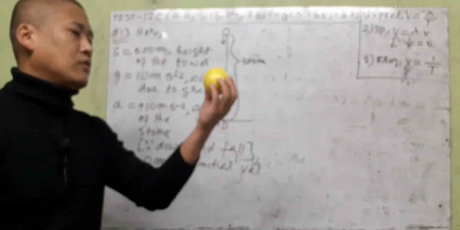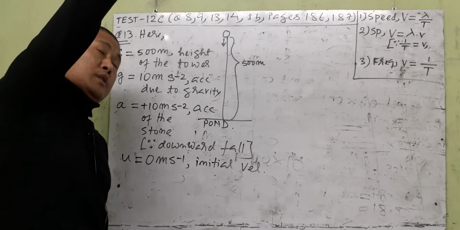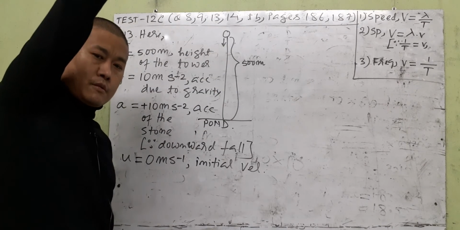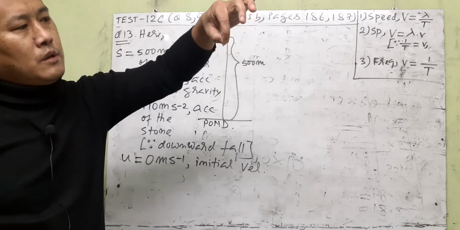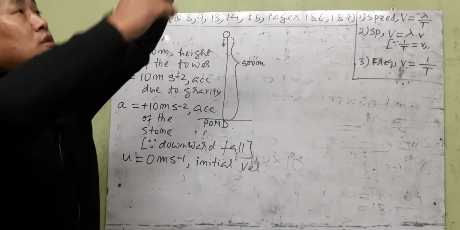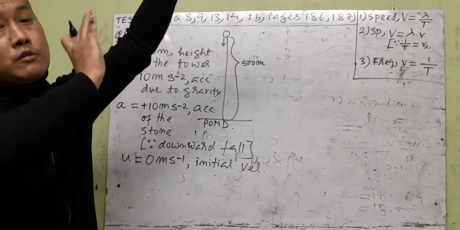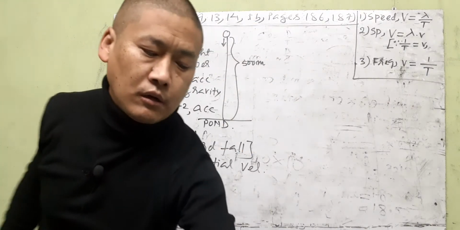For any object that is thrown up, when it reaches the highest point, it stops. So final velocity v is 0. But for an object dropped, initial velocity is always not moving initially, so u is 0. But for an object thrown up, finally it stopped at the highest point. So stop means 0. So finally stop means final velocity is 0. We know that by now, right?